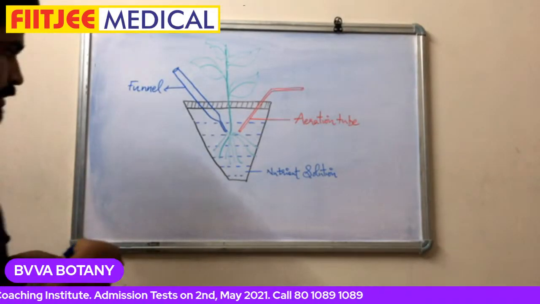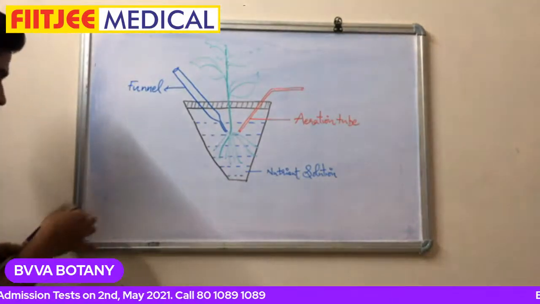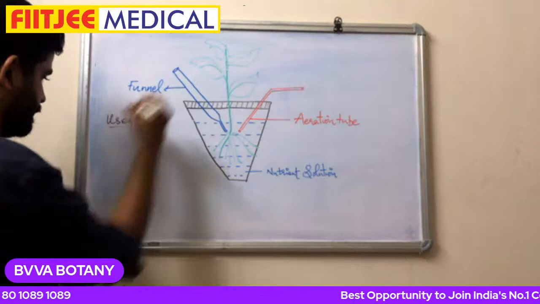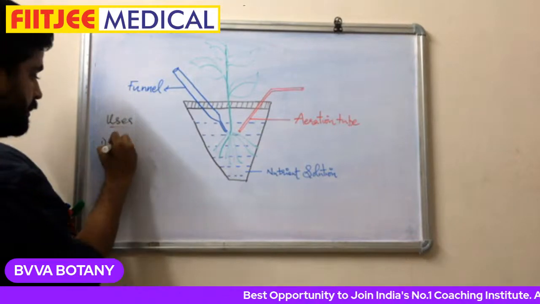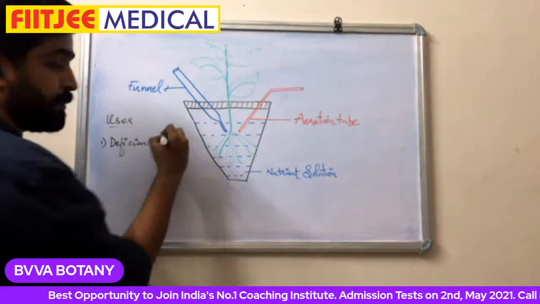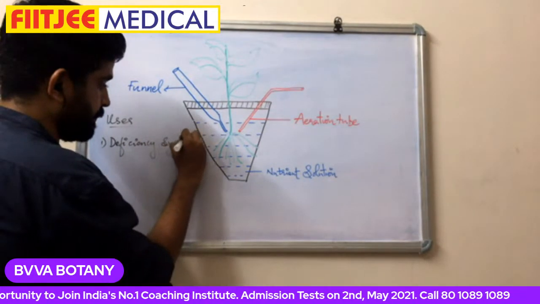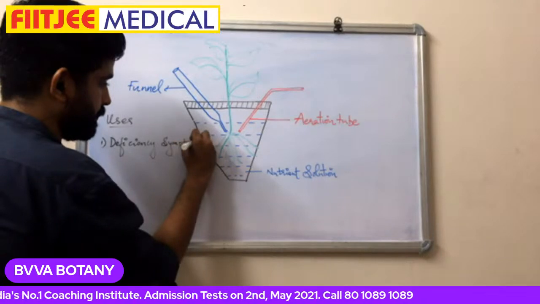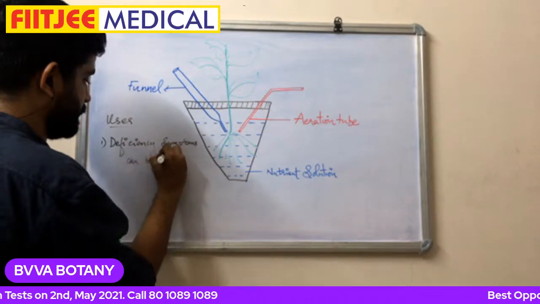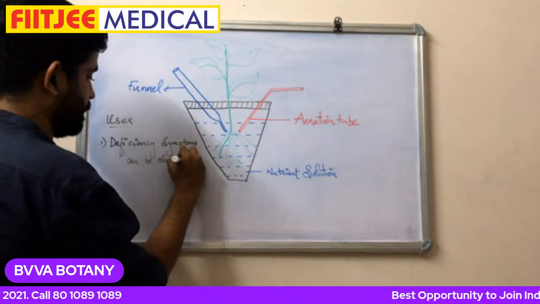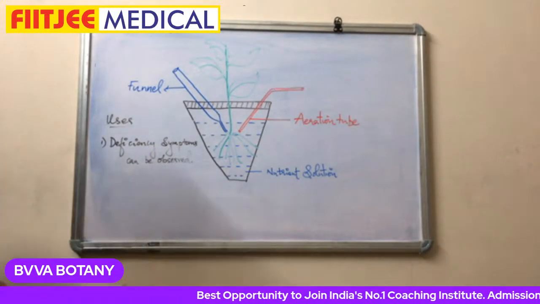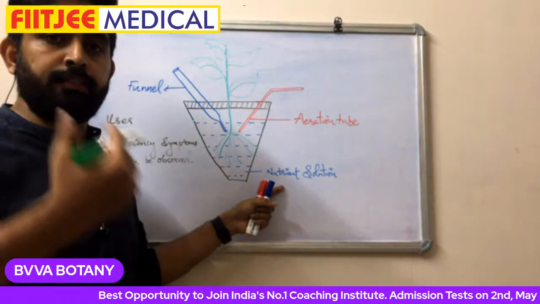Other uses. Using hydroponics, deficiency symptoms can be observed. How? For example, that solution we are giving externally.